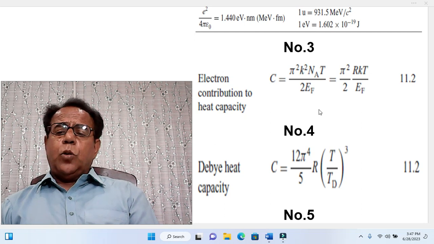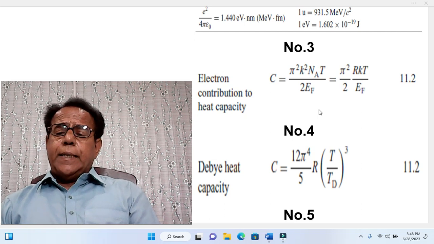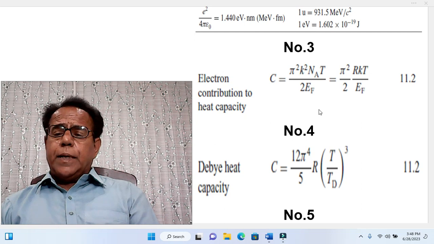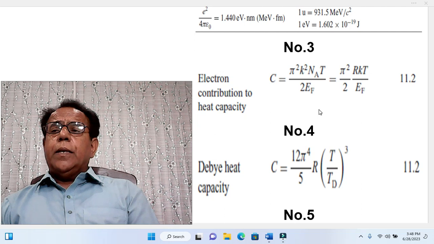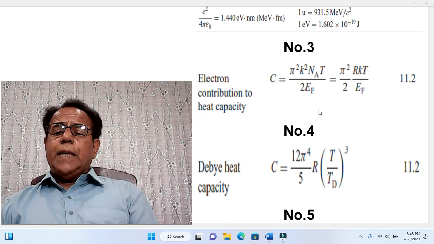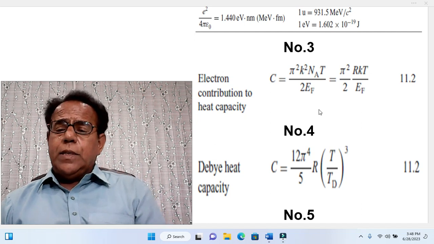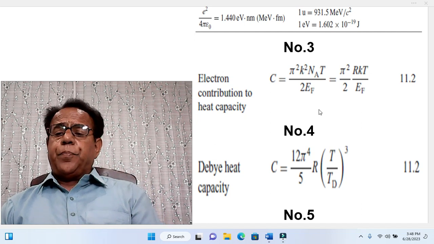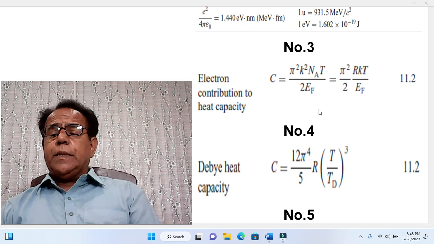Electron contribution to heat capacity C is equal to pi square into Boltzmann constant K square into Avogadro's number Na into temperature T over 2 into Fermi energy EF. This is alternatively equal to pi square into universal gas constant R into Boltzmann constant K into temperature T over 2 Fermi energy EF.